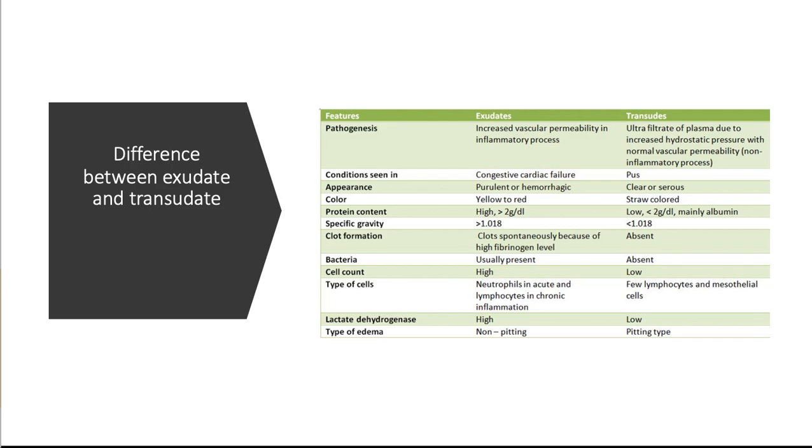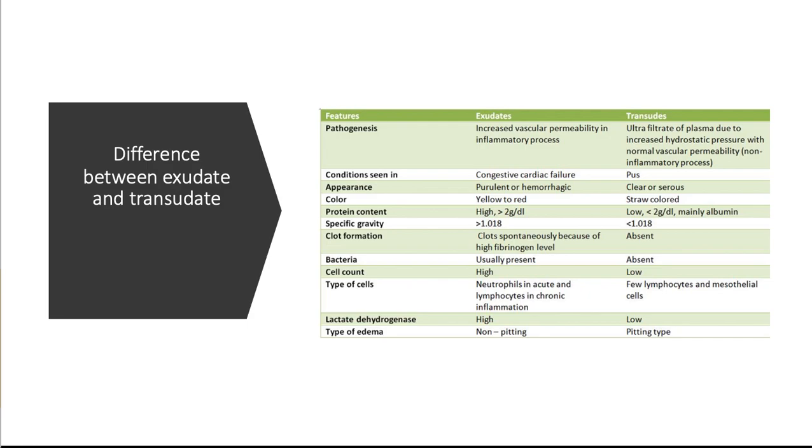In contrast, a transudate is a fluid with a low protein content, little or no cellular material, and low specific gravity. It is essentially an ultrafiltrate of blood plasma that is produced as a result of osmotic or hydrostatic imbalance across vessels with normal vascular permeability.